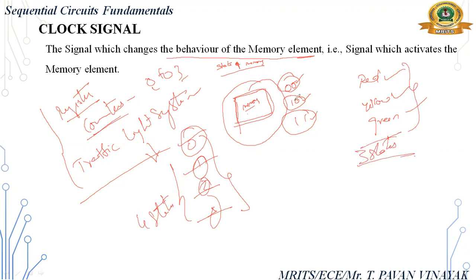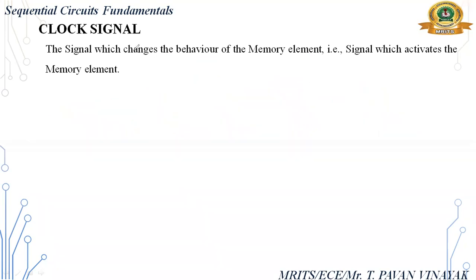That is the state of the memory. At present, the memory stores red. At a particular time, out of so many states, the memory will store only one state. The other state is in a traveling position, transferring from the combinational circuit output to memory, and memory to the combinational circuit.